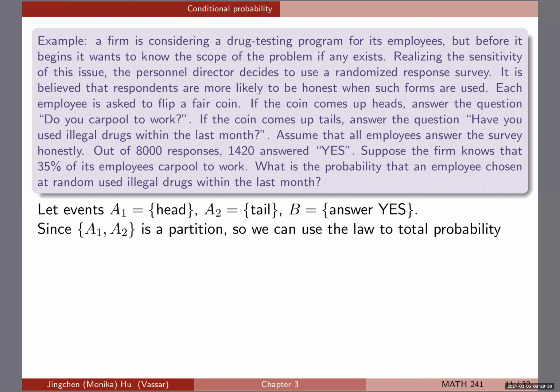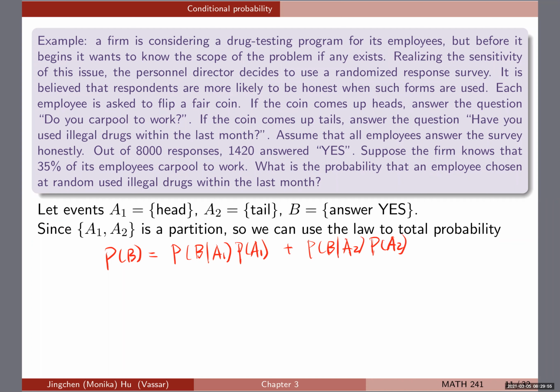So once we set it up here, you see that we're able to use the law of total probability. Let me write it out for us: P(B) is the sum of P(B given A1) times P(A1), plus P(B given A2) times the marginal of A2.